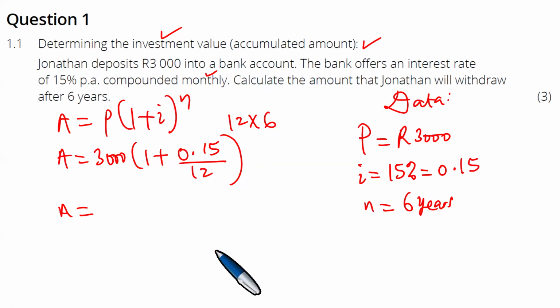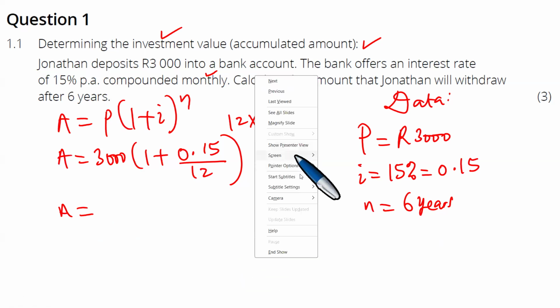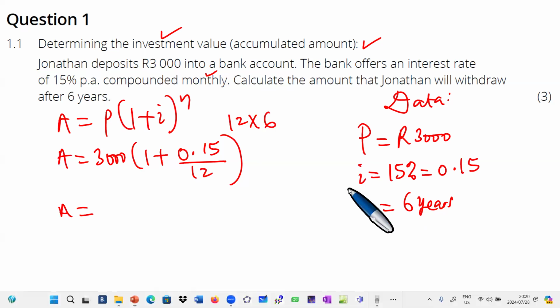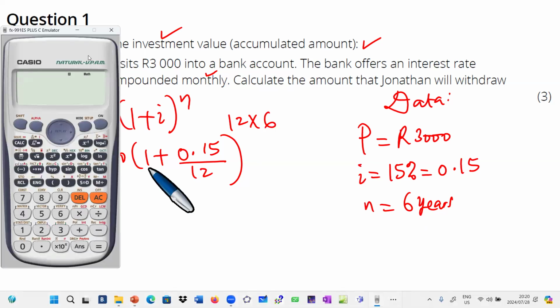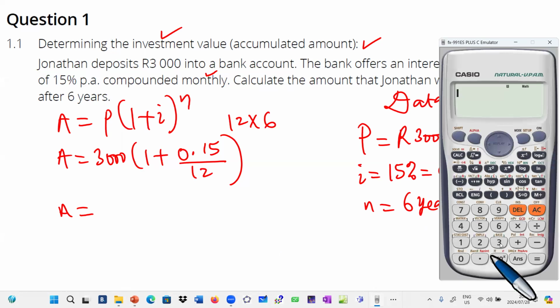Let us practice together. So we have here the task bar. We have 3,000, open bracket 1 plus 0.15 divided by 12, raised to the power 12 by 6.